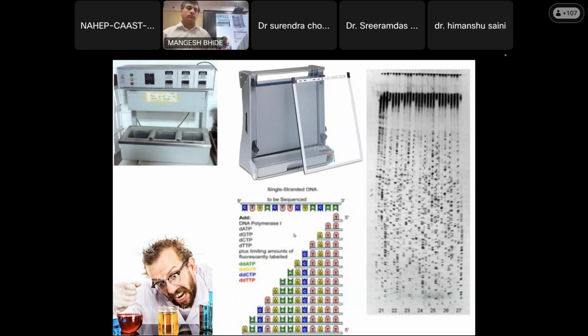So it was taking almost a day to read the exact sequence. You read the sequence, and the sequence was transformed into this kind of architecture.